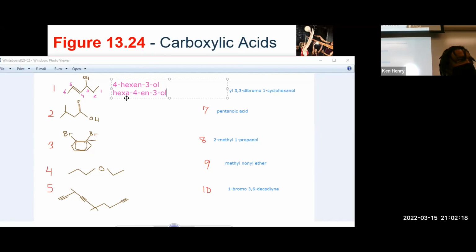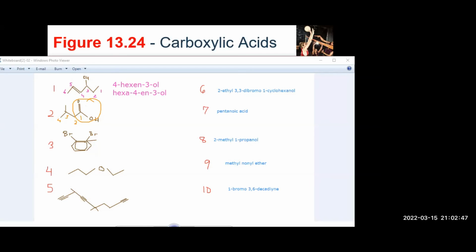Can you see it? Okay, so this one here, I'm going to draw and write at the same time. We know that this is a carboxylic acid, so it's going to have an -oic ending. How many carbons do we have? That's 1, 2, 3, 4. We always start counting at the carbon that's attached to the double bond.